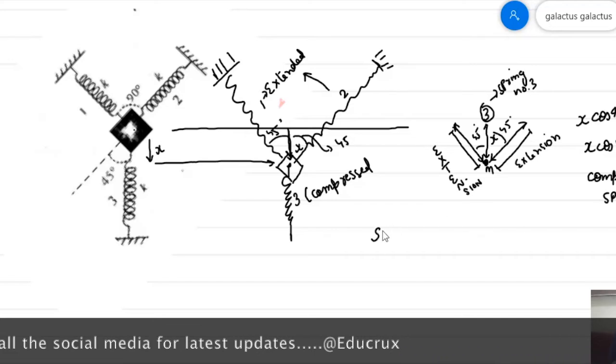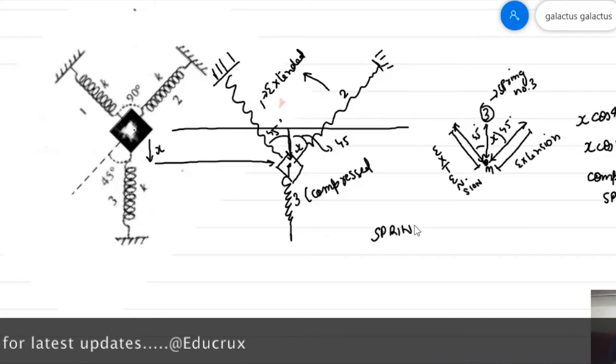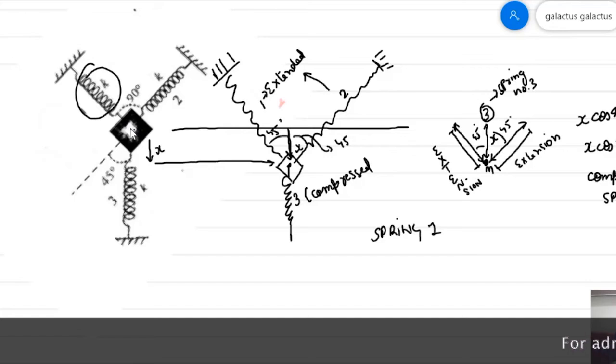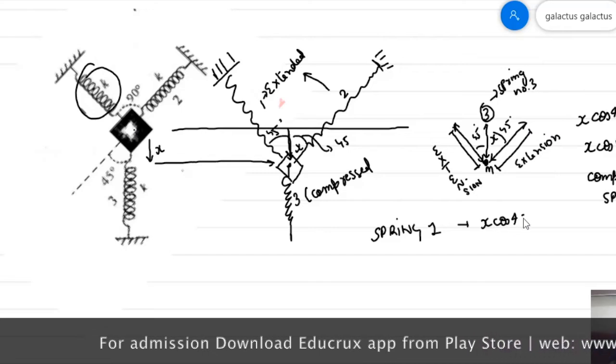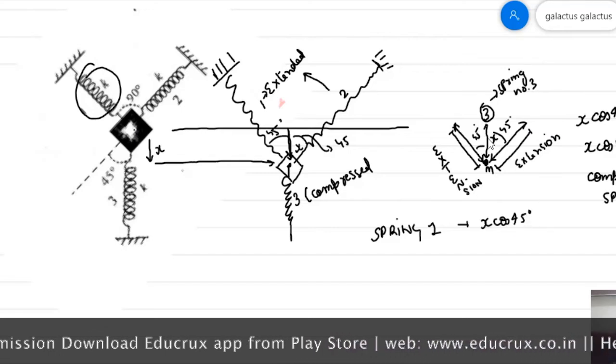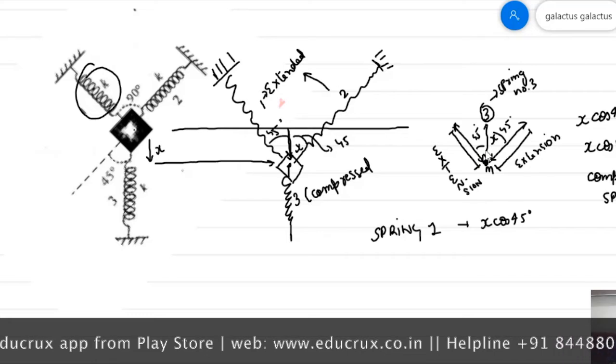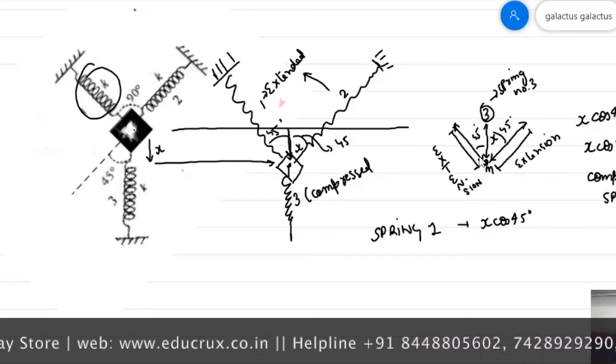So spring 1, that is this spring, is extended by a distance of x cos 45 degrees, where I have used simple trigonometry to calculate the projection of x along this direction.